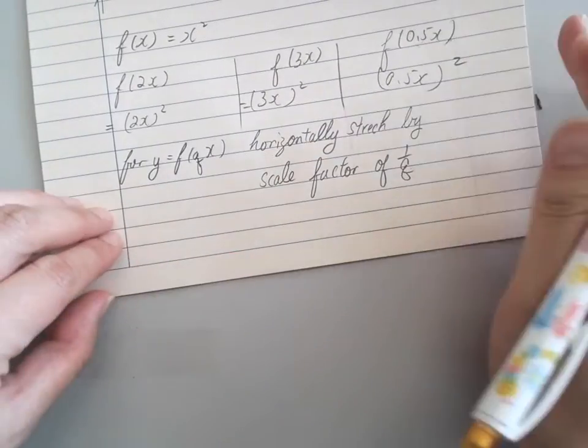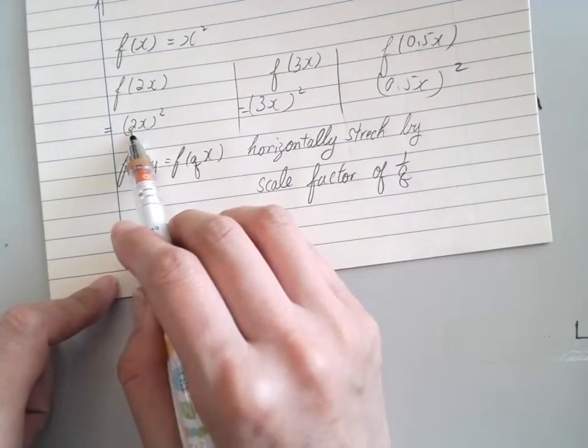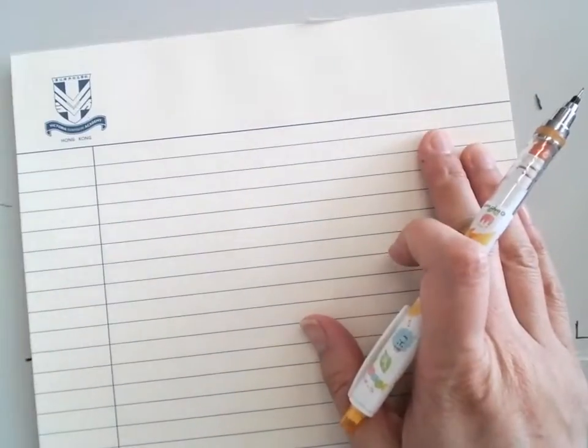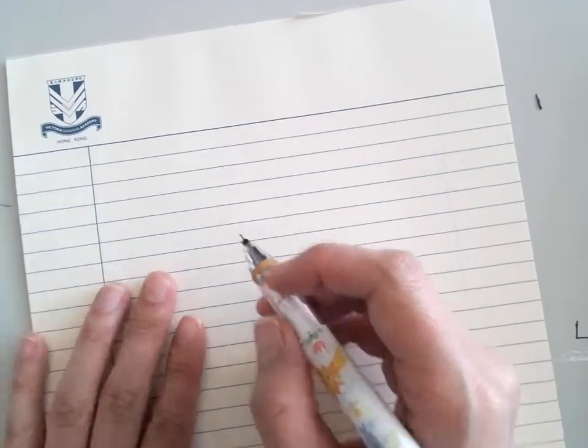Multiplied by 1/2 it's just squashed by half. If it's multiplied by 2, it's squashed by half times. So we can further elaborate it like this.